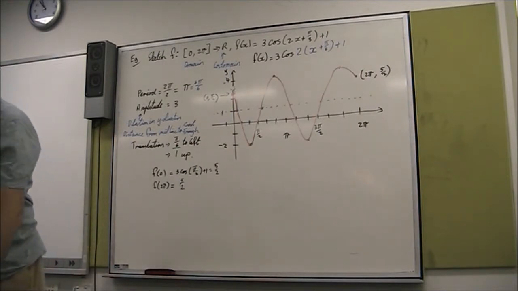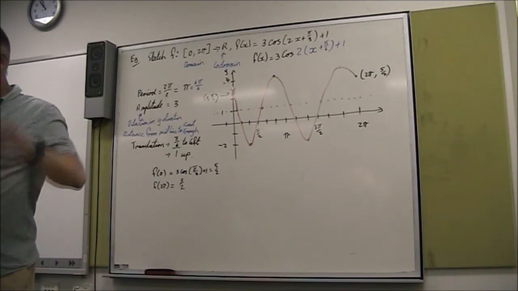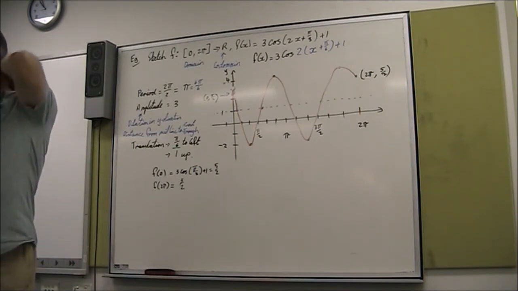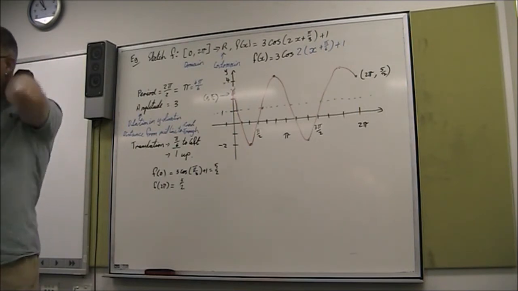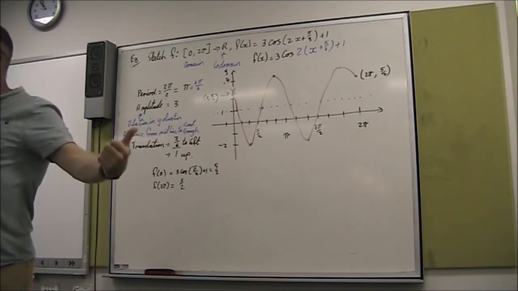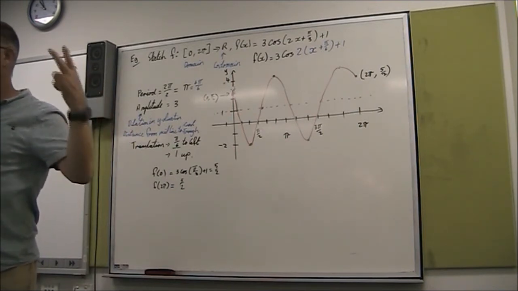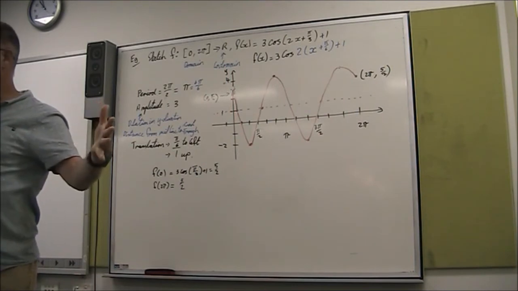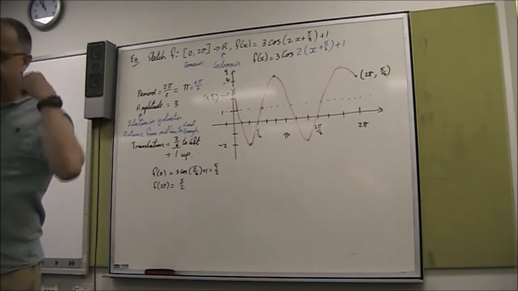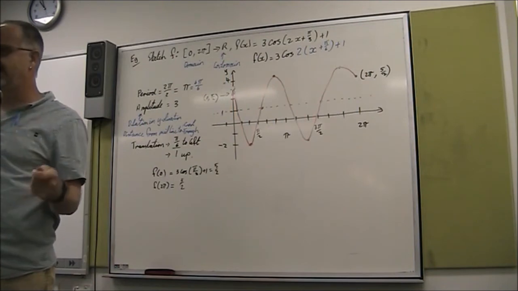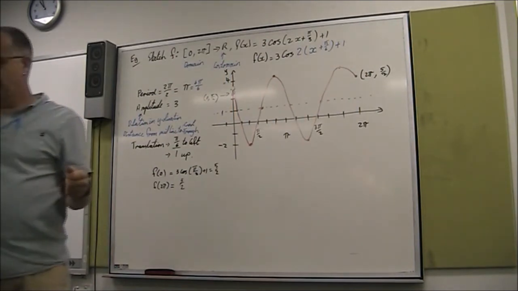So the exact values, you're expected to know exact values. So for pi on 6, pi on 4, pi on 3, pi on 2, pi, 3 pi on 2, 2 pi, you're expected to know the sine, cos and the tan of those.